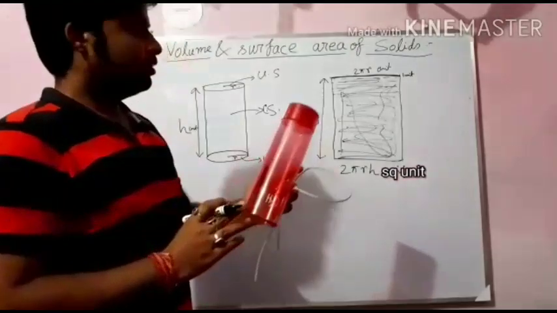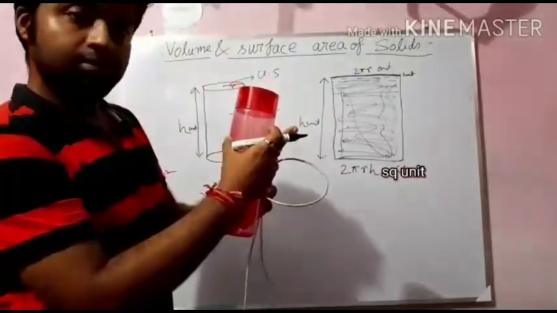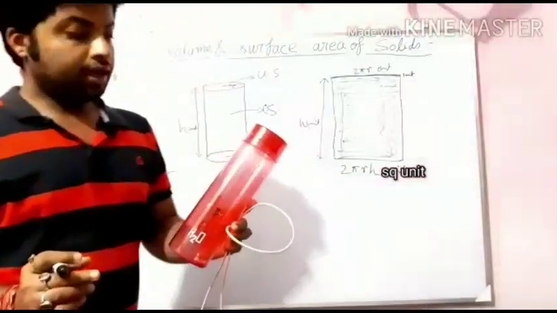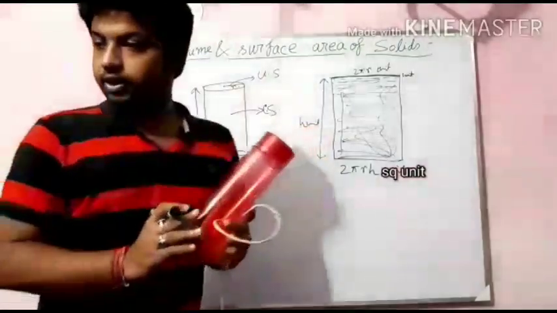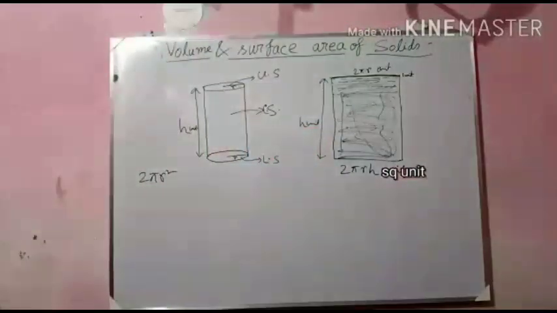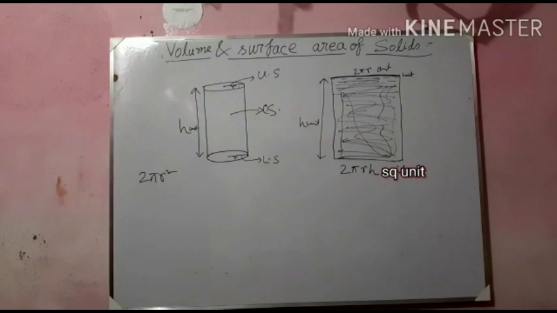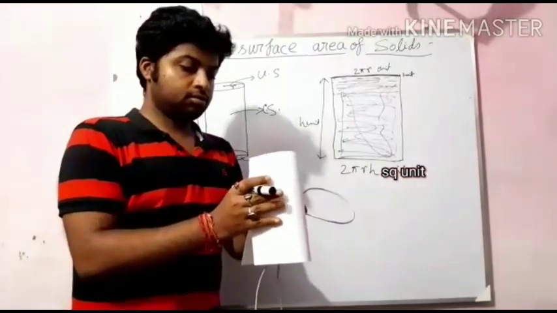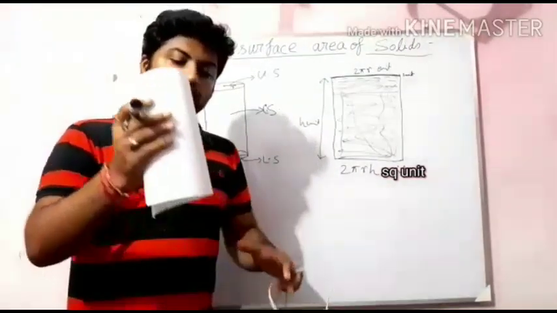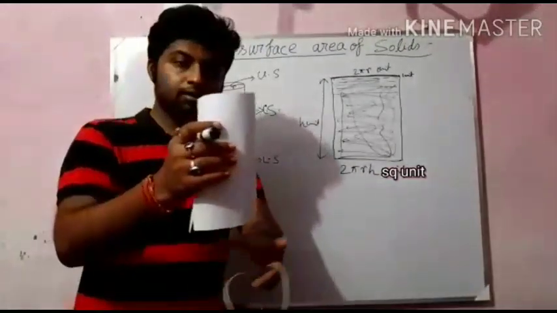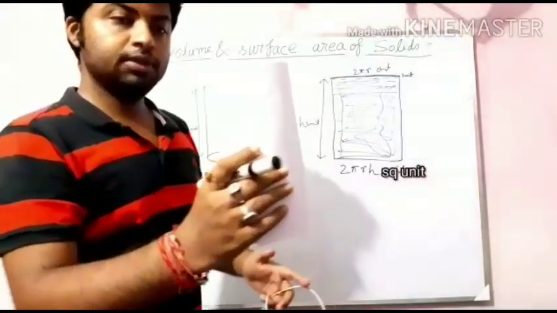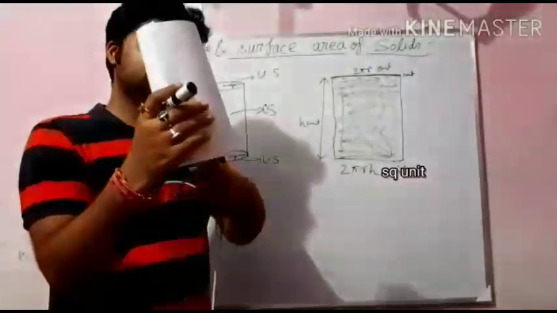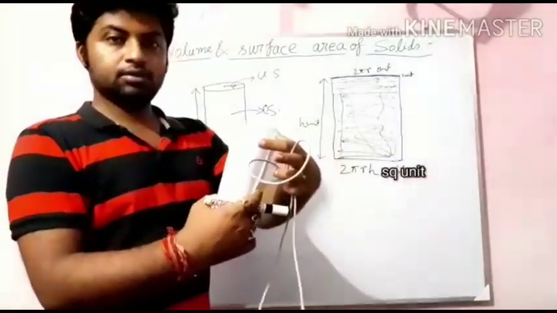Now you may ask, the area is in curved face, then how can I say that it is in a rectangular shape, right? I cannot cut this bottle, that's why I have taken an A4 sheet. Now see, this page is also in cylindrical shape, right? See properly. This is the upper circular surface, this is the lower circular surface, and this is the curved surface.